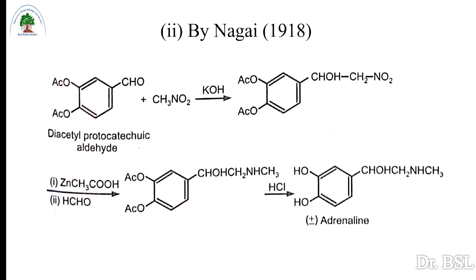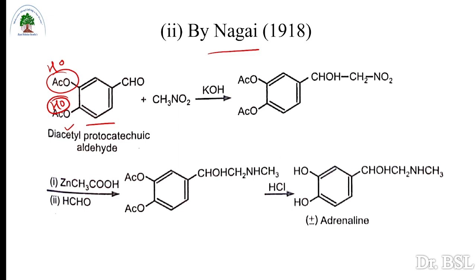Then in 1918, another synthetic method is given by Nagai, and in this method of synthesis, diacetyl protocatechuic aldehyde is used as starting material. That is, in place of OH, here the acetyl derivative of protocatechuic aldehyde is used.